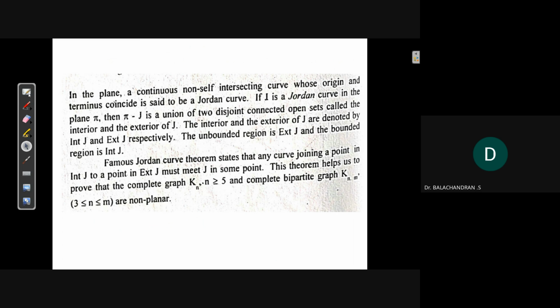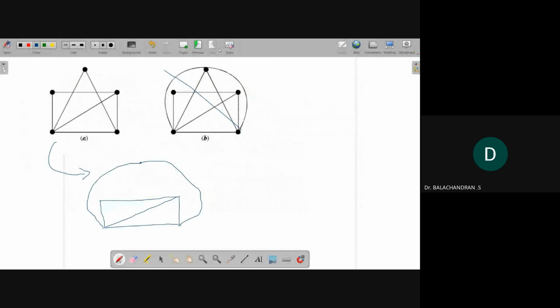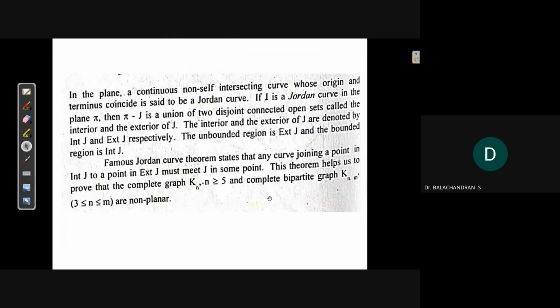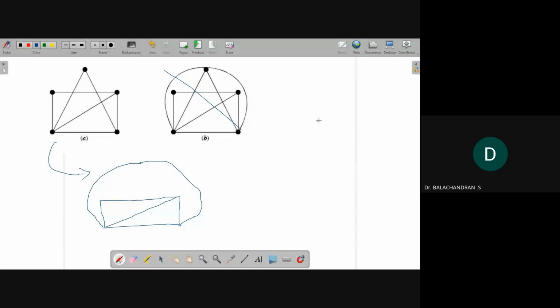is also non-planar. That means K2,3 is planar; we will check it, because here they are telling that m and n are greater than or equal to 3. K2,3 means here 2, here 3. K2,3 is a complete bipartite graph. I will join like this.